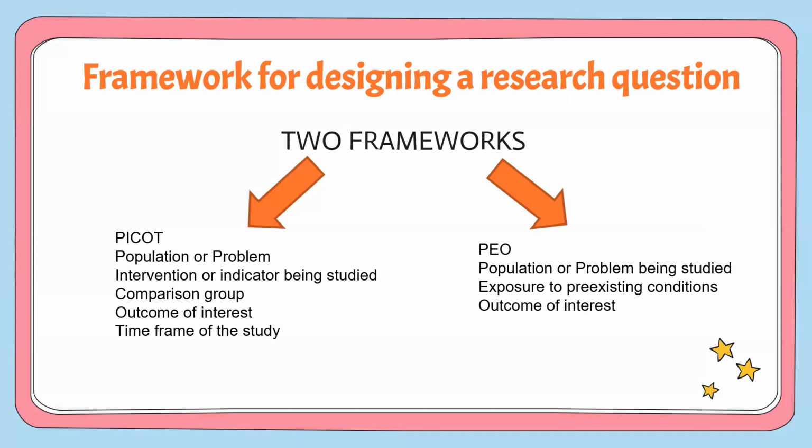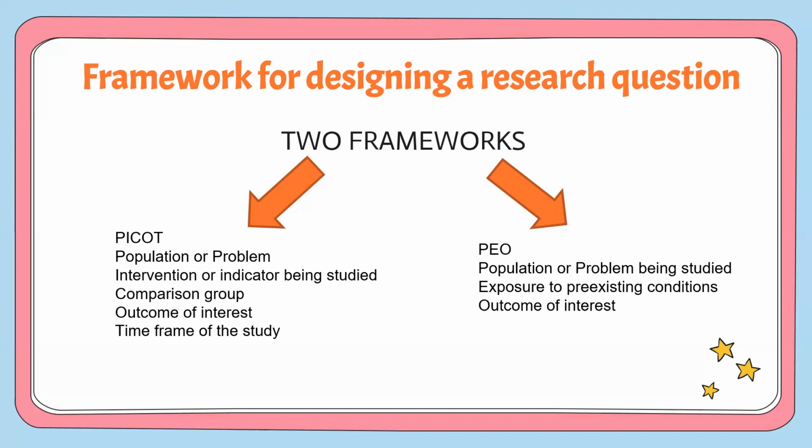So we can say that the PICOT framework actually relates to a wider scope, in the sense we not only study the nature of the intervention or the nature of the problem, we also want to find out to what extent we can find a solution to the problem, whereas the PEO only studies the nature of the problem and the exposure that the population has related to the pre-existing conditions, and we are only interested in the outcome of that particular exposure.